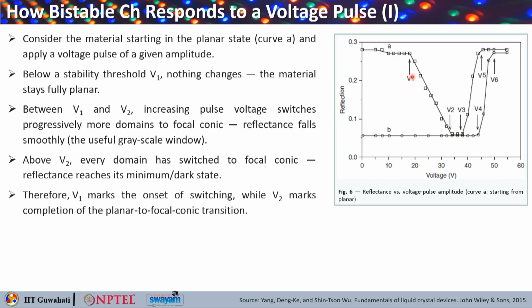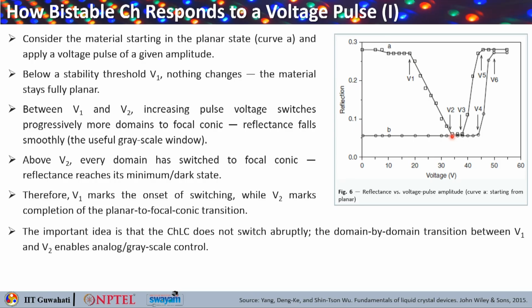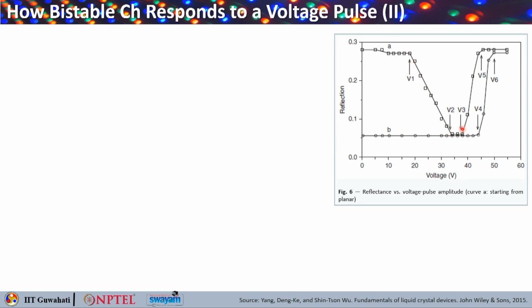So you can mark V1 as the onset of switching, and V2 marks the completion of this planar to focal conic transition. The important idea here is that the cholesteric liquid crystal does not switch abruptly. There is this domain by domain transition happening between the V1 and V2 voltage levels that enables analog or grayscale control.